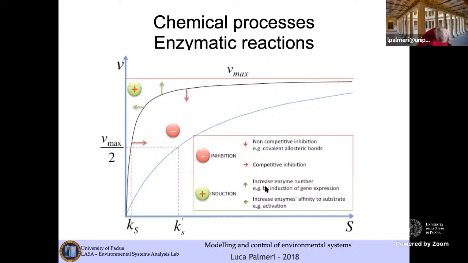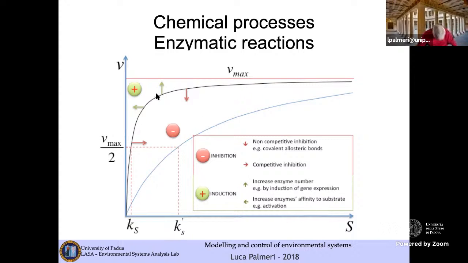So in the first case, we simply increase the number of enzymes, and by doing this, we push this curve toward Vmax, toward the maximum velocity of reaction. Or we may increase the enzyme's affinity to the substrate. That means changing the chemical structure of the enzymes, so that the enzyme binds more easily to the substrate and is activated more easily.